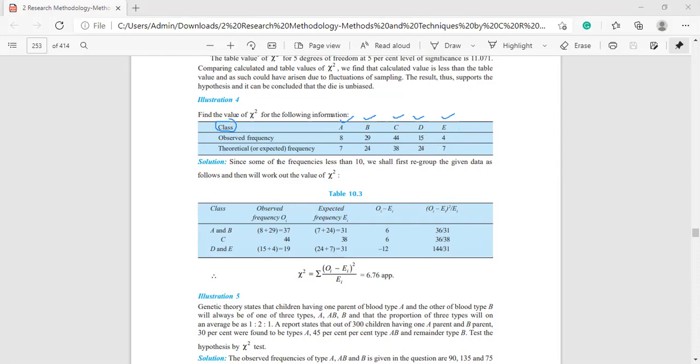So I will take the board and draw the table. Here there is nothing to find out, only the value of chi-square.